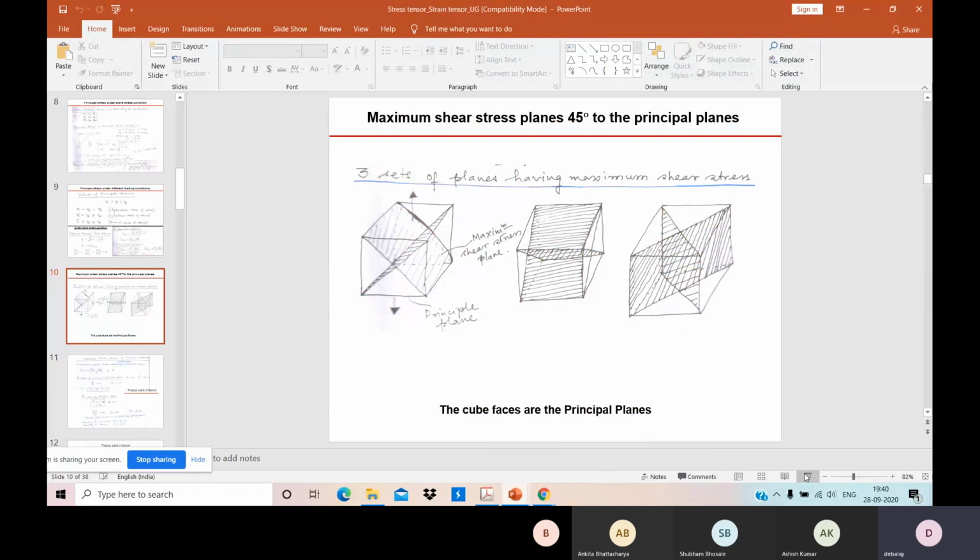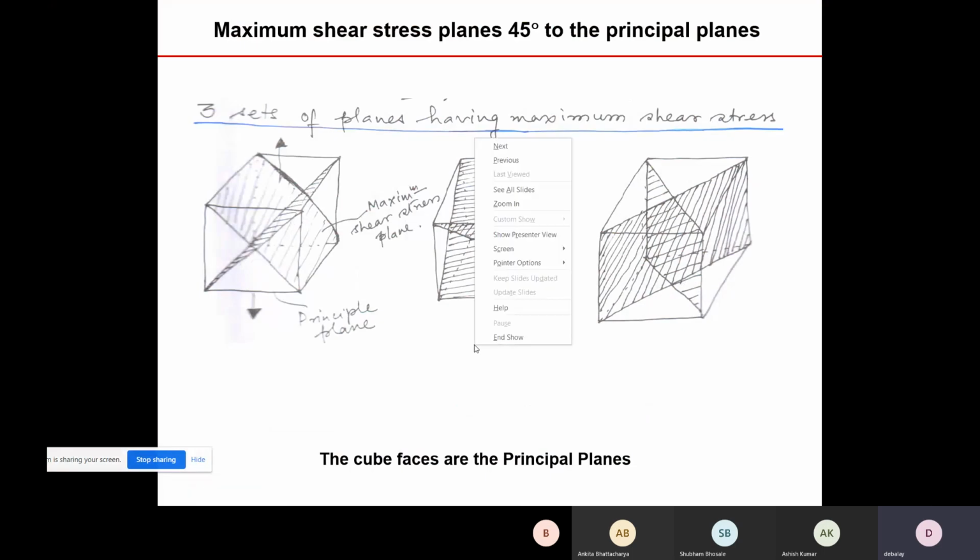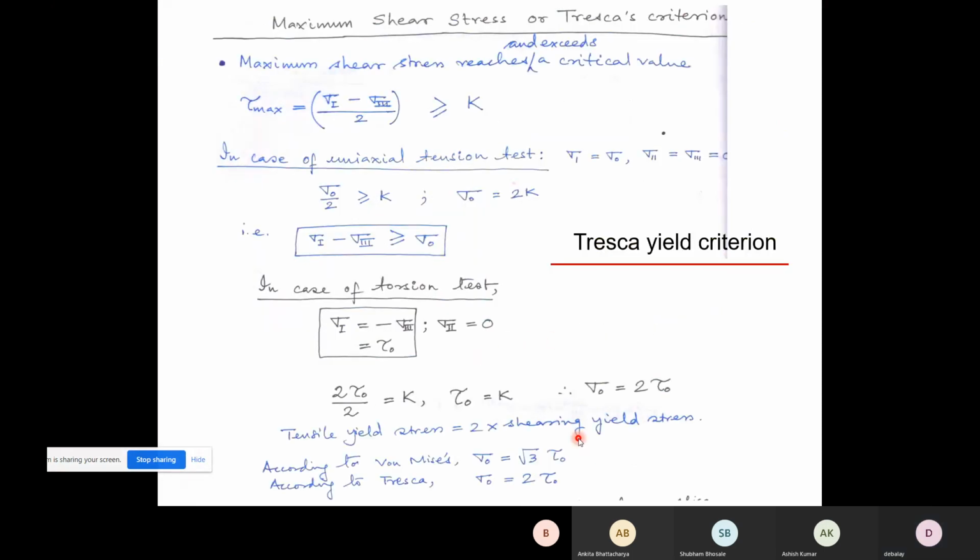Coming back to the presentation, three sets of maximum shear stress planes with respect to the principal planes are shown nicely, at 45 degrees. Tresca's criteria is written. I have not talked about torsion. We know the generalized expression in Tresca is sigma 1 minus sigma 3 greater than or equal to sigma naught. What is the loading in case of torsion?